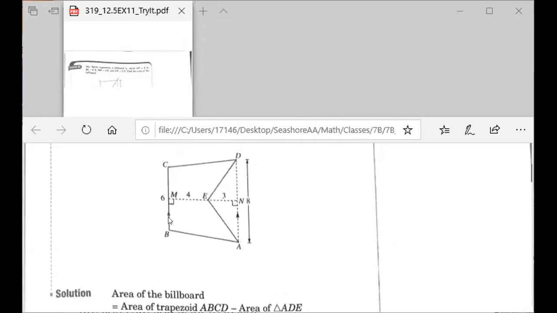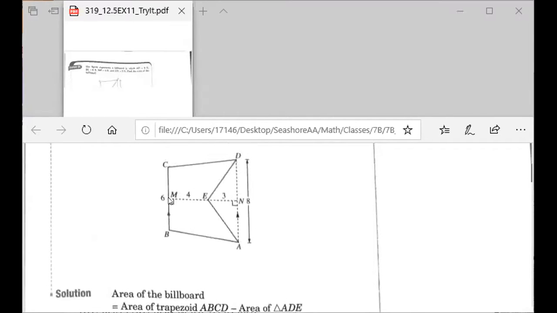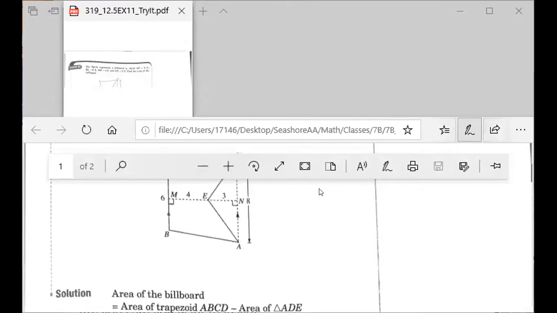So the area of the trapezoid is the top, which is the length BC, plus the bottom, AD. So it would be 6 plus 8, and then times the height. The height will be from ME, which is 4, plus MN, which is 3. So the height will be equal to 7.